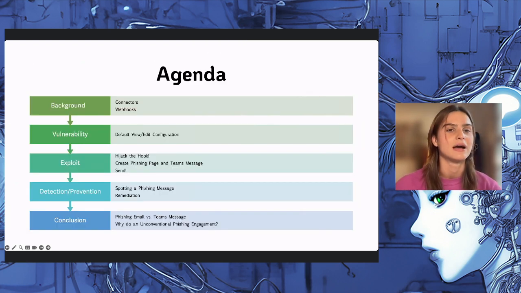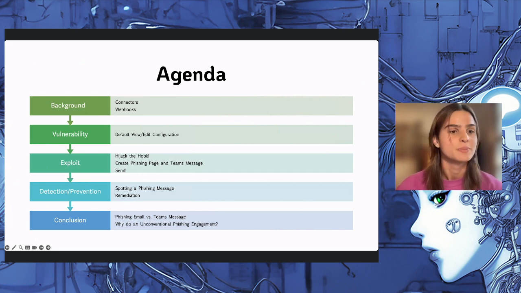Before I begin my talk, I want to do a brief overview of what I'm going to be talking about today. So beginning with the background, what functionalities within Teams cause the vulnerability I'm going to discuss, the vulnerability itself, what is it, and then how can we use this vulnerability to exploit Teams and create a phishing engagement, which is super exciting.